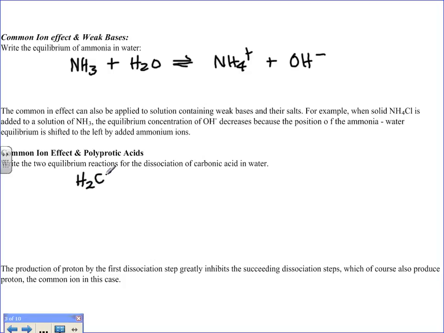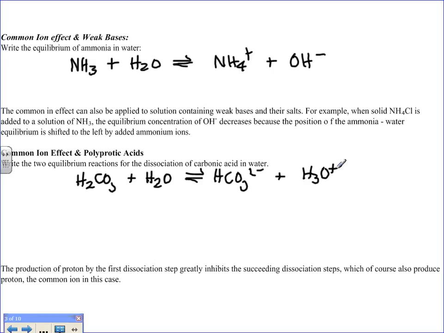The common ion effect also applies to our discussion of polyprotic acids. A polyprotic acid is one that has more than one proton available for donation. Now the key here is to understand that with a polyprotic acid, the protons are still donated one at a time.